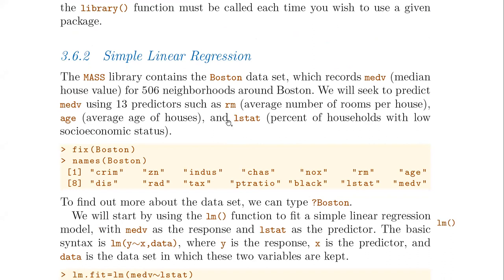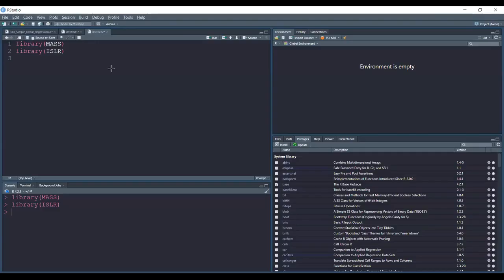The MASS library contains the Boston dataset, which records the median house value for 506 neighborhoods around Boston. So let's have a look. I think we have to type data(Boston).